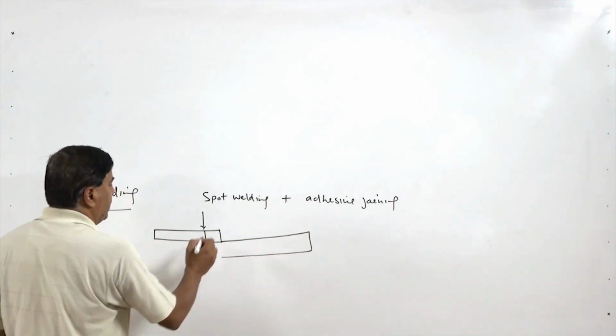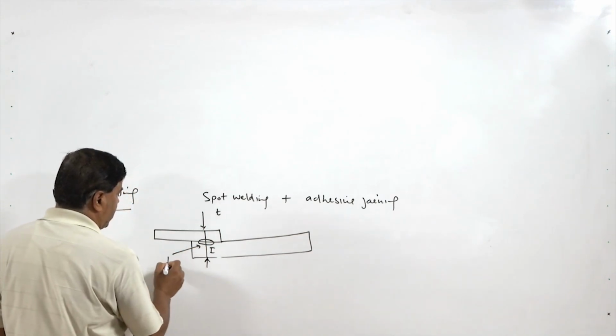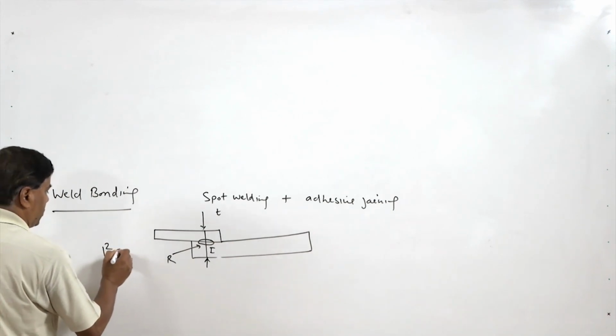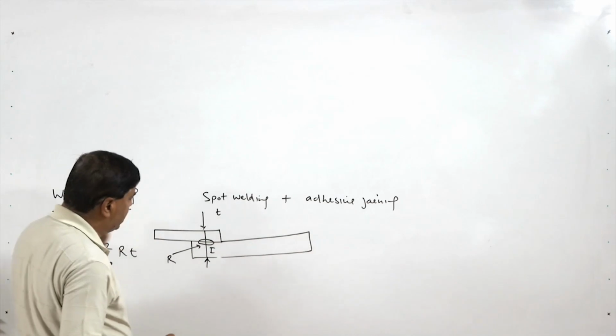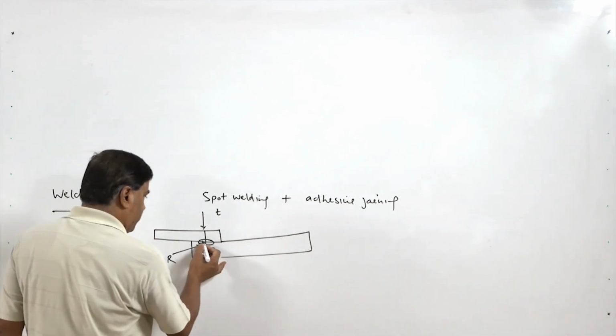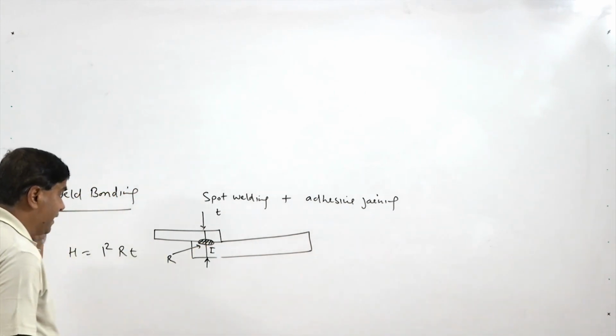Current I is allowed to flow for time t, and contact resistance R at the interface helps to develop heat through I square R T heating, and the heat generated produces the weld nugget.